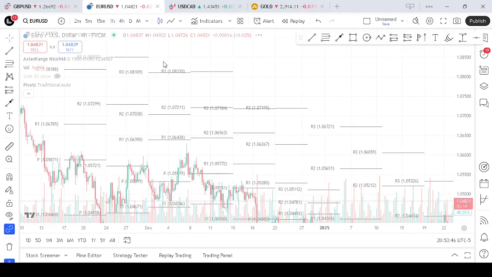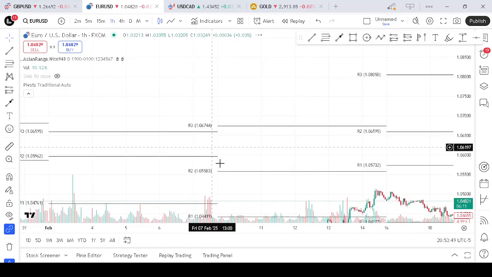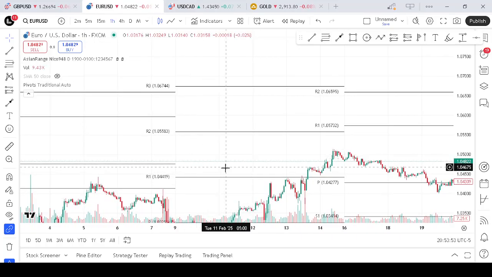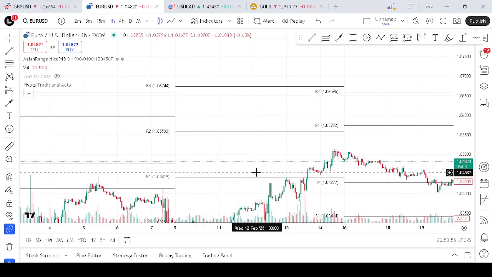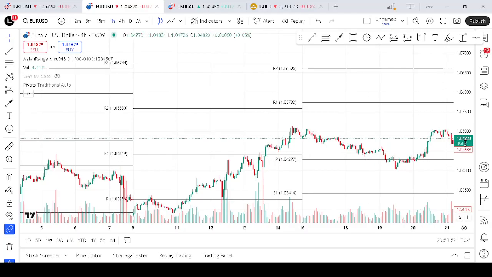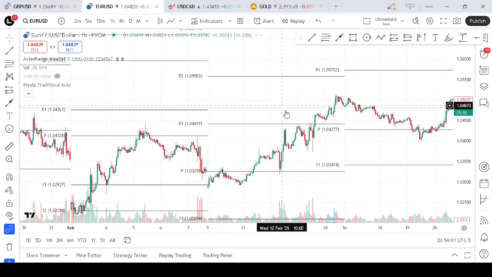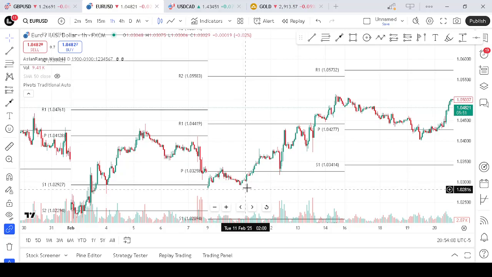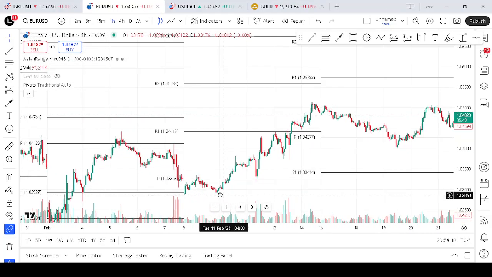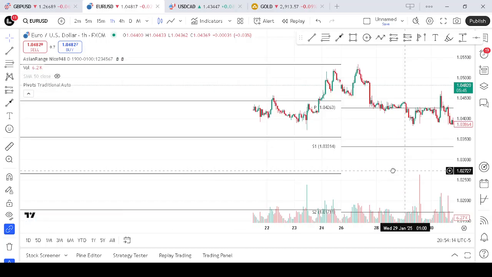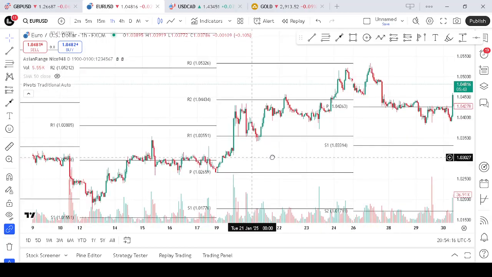Let's go to our 1-hour time frame. Now here is your specific entry rule for both long and short positions. For the long position, or for the buying trades, you watch out for price approaching the R1.